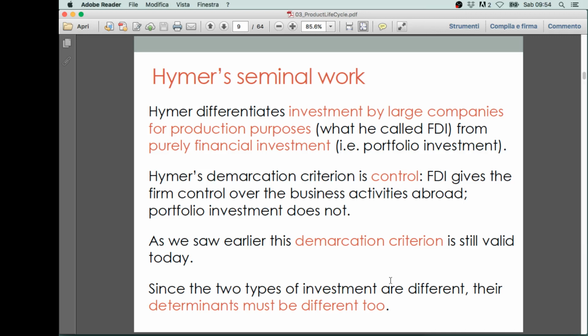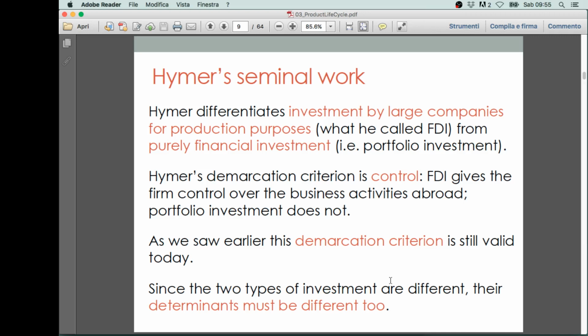In particular, his point is to differentiate investment by large companies for production purposes, what he actually called foreign direct investments, from purely financial investments, what we called in the previous class portfolio investments. And his demarcation criterion to distinguish between foreign direct investments and portfolio investments is control, which is the concept that we still use today to identify foreign direct investments.